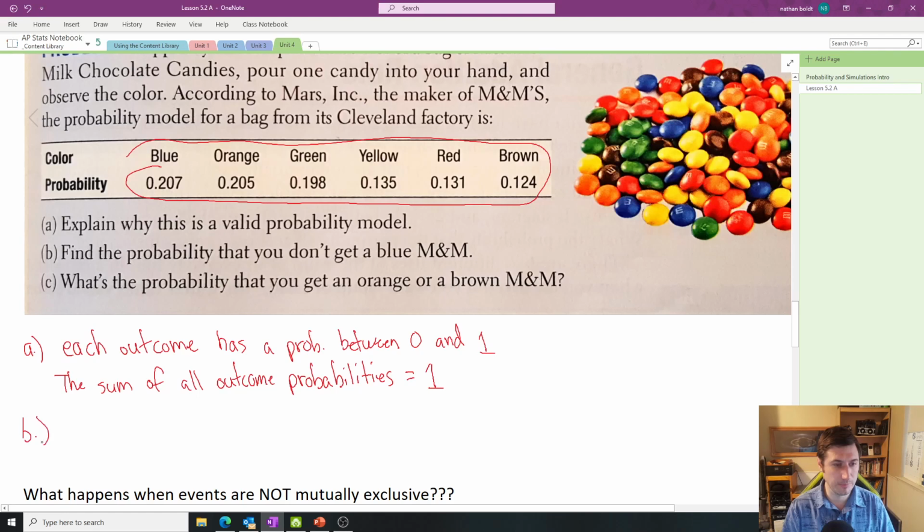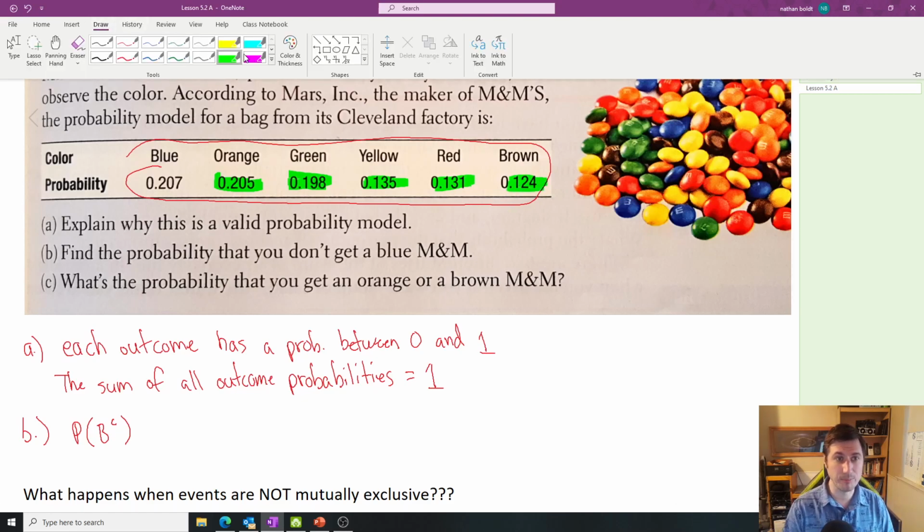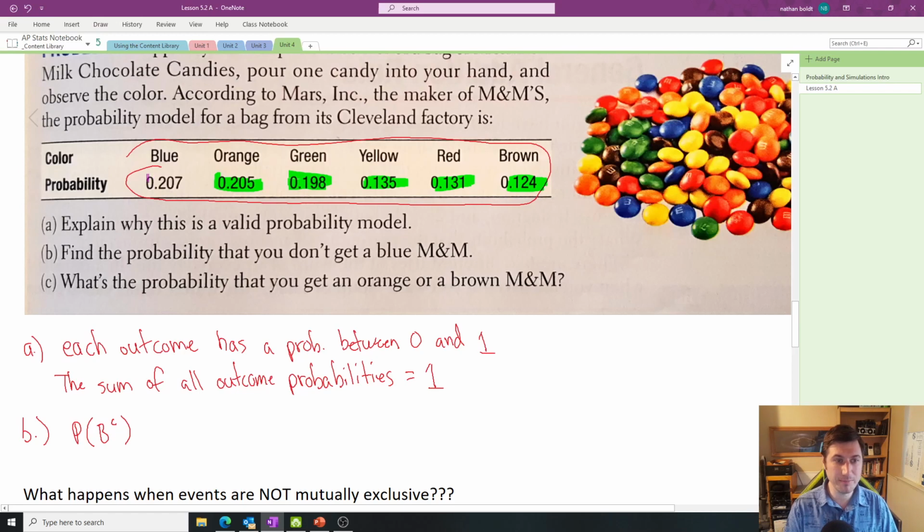All right, part B. Find the probability that you don't get a blue M&M. So this is the probability of blue complement. So I could add up all the not blues. I could add up this one, plus this one, plus this one, plus this one, plus this one. Or I could use the complement rule and do 1 minus this one.